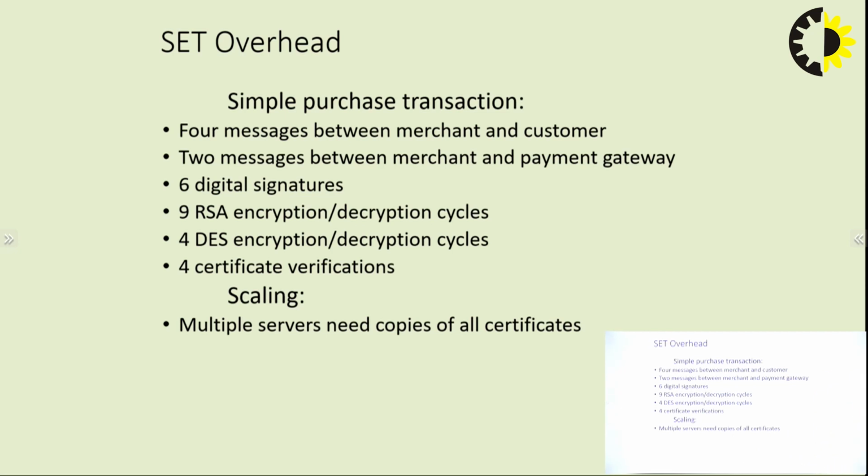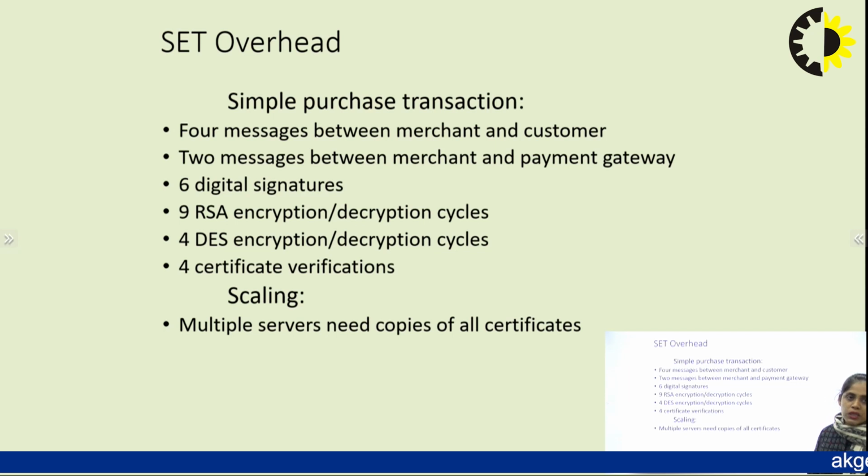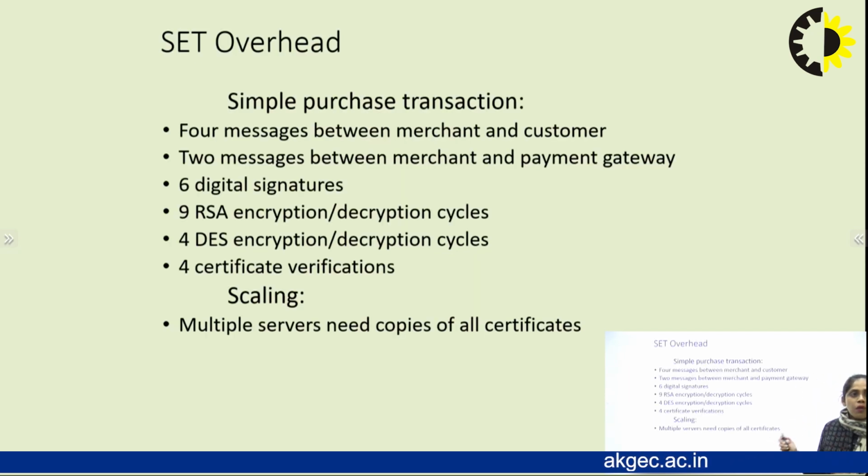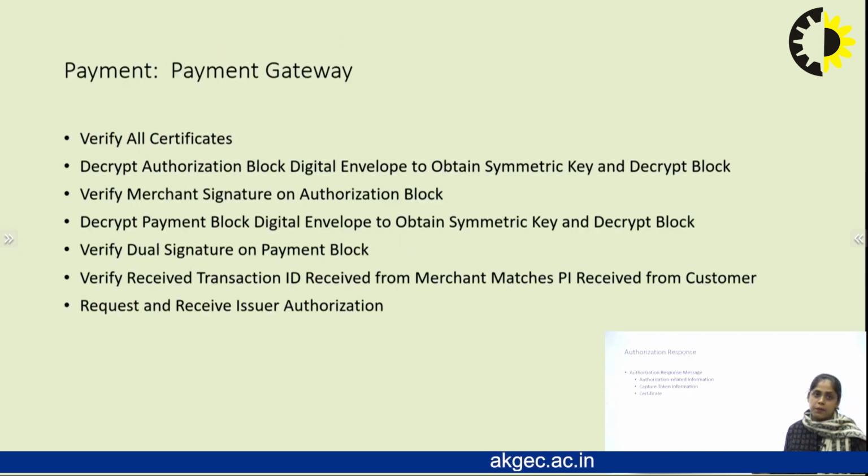The SET overhead for a simple purchase transaction: 4 messages between the merchant and customer, 2 messages between the merchant and payment gateway, and 6 digital signatures, 9 RSAs, 4 DES, then certificates, and finally scaling is done, as multiple servers need copies of all the certificates. So you can see how we have talked about SET.